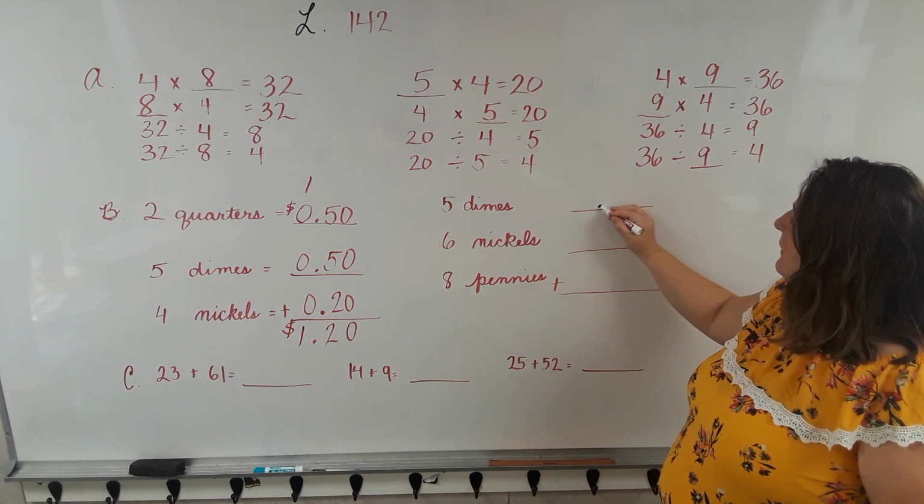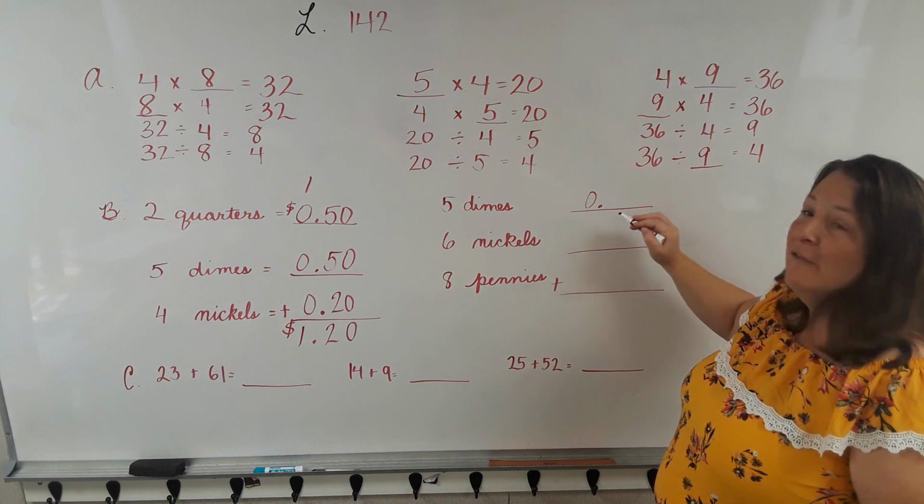5 dimes equals how much money? 50 cents.